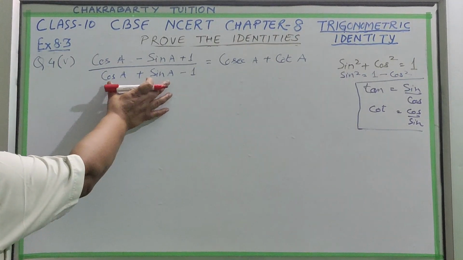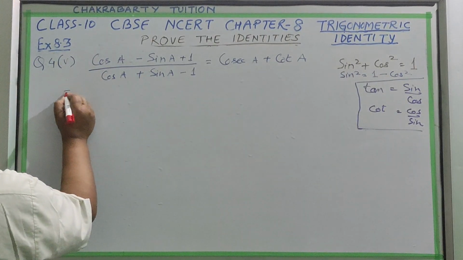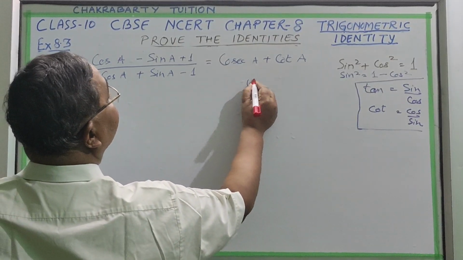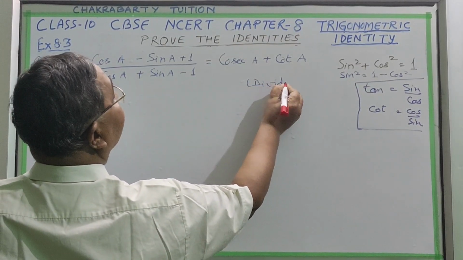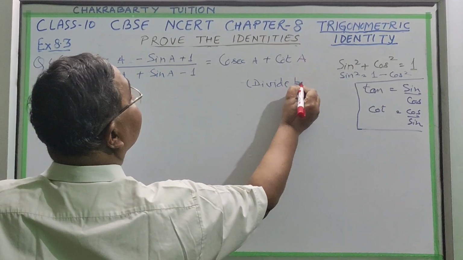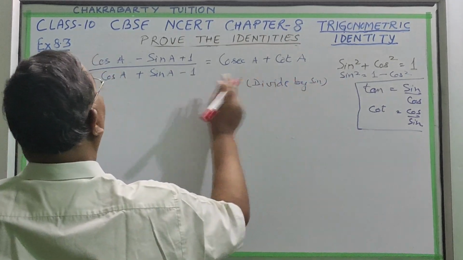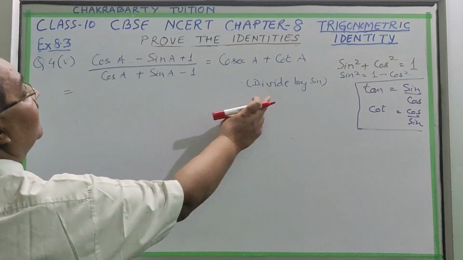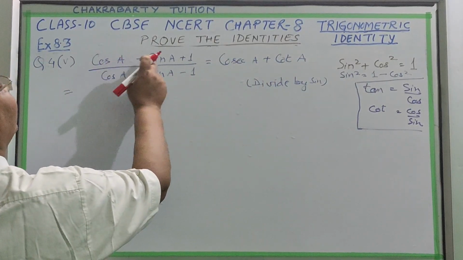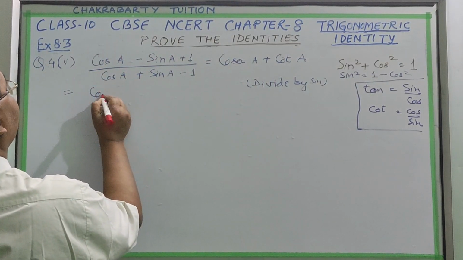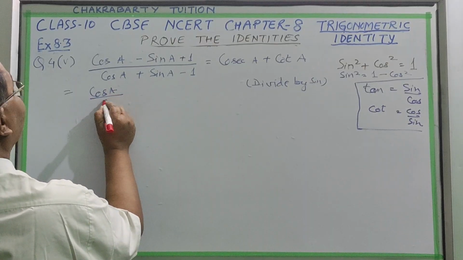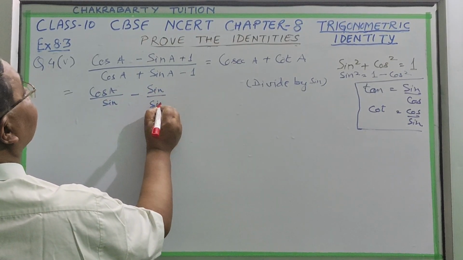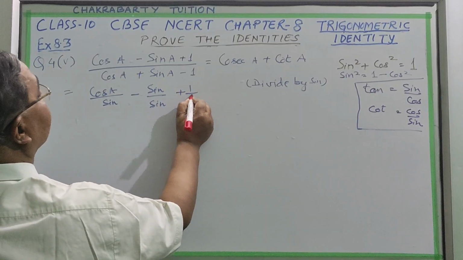So first we will solve this side, and we will divide it by sine. Divide by sine. By plus and minus it becomes a separate term, and if you divide, it will divide every term, means it will become cos A upon sine, and sine upon sine, and it will become 1 upon sine.